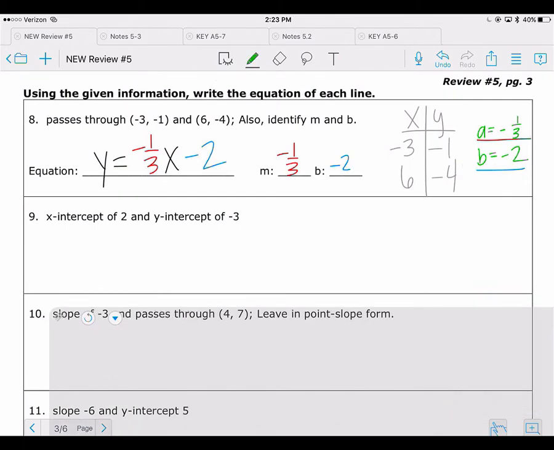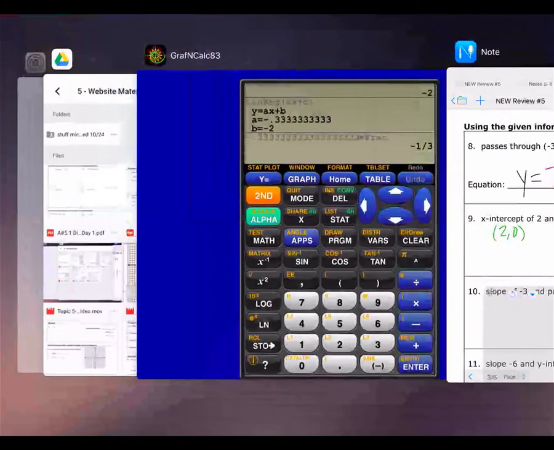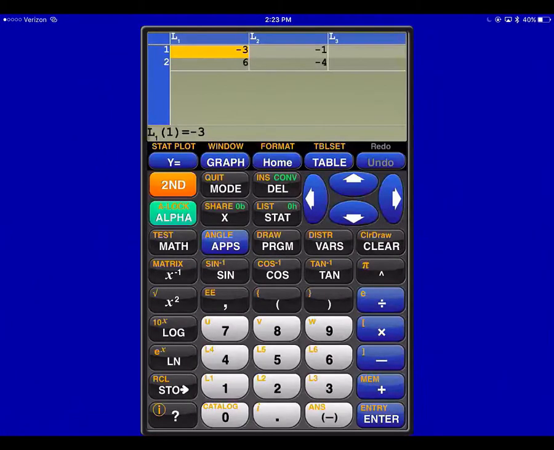For problem 2, they again gave us 2 points. They gave us an x-intercept and a y-intercept. So my table will be 2, 0, and 0, -3. So I'm going to go back to stat edit, and because I have 2 points, type all this in. Remember, you can clear out your list or you can simply type over. If you type over, make sure you completely type over everything.